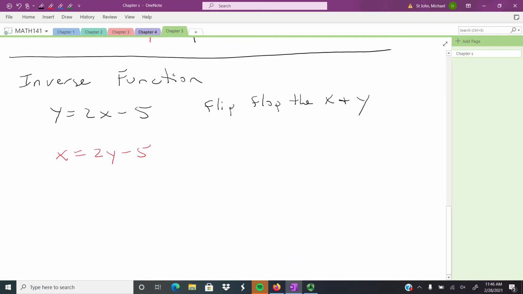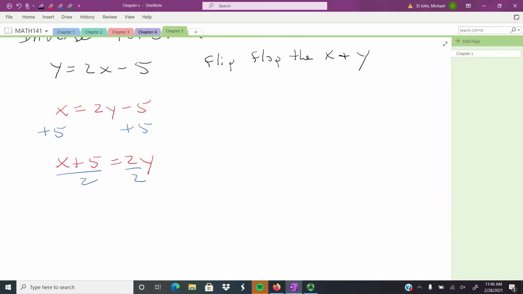And then I can solve this for y. So add 5. x plus 5 equals 2y. And then we could divide by 2. And we get that y equals x plus 5 over 2.